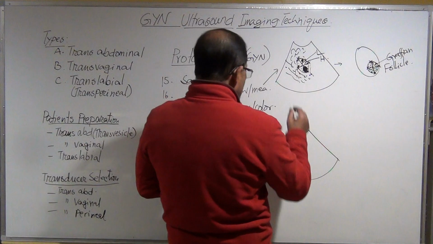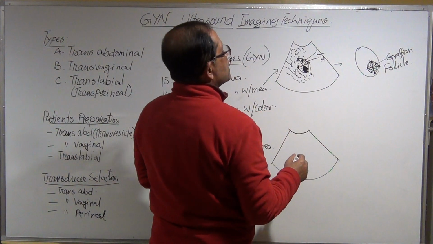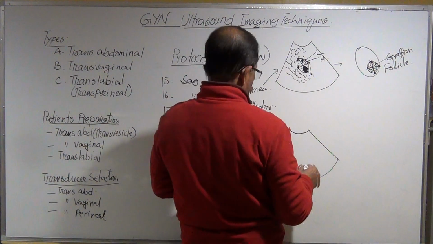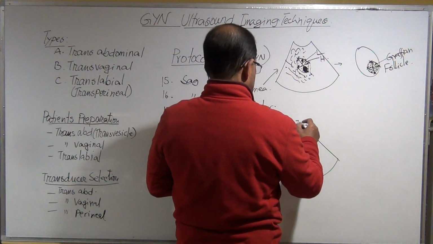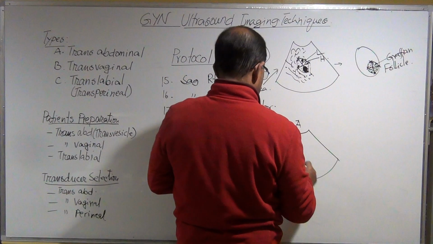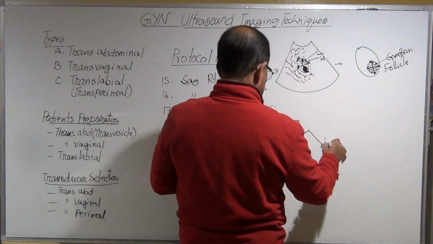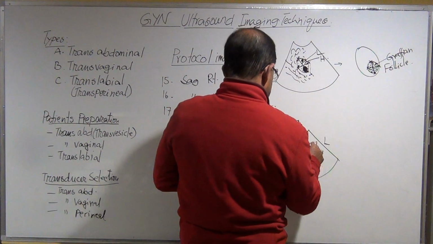The right ovary usually comes with the uterus. So this is anterior, this is posterior, this is right and this is left.